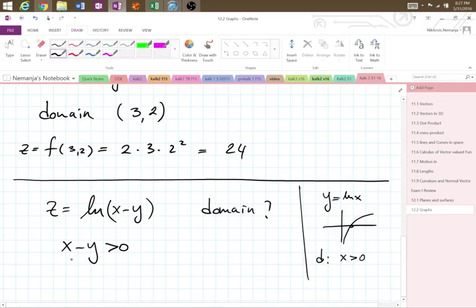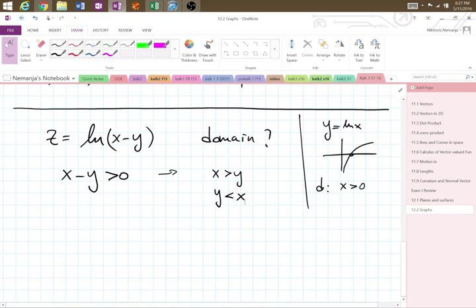Now, obviously, you can massage this into an equation for the xy plane, and then you can graph that, and you will have a visual representation of the region that will give you the points that you can plug in and the region with the points that you cannot plug in. So this one over here can be solved as x larger than y, so y less than x.